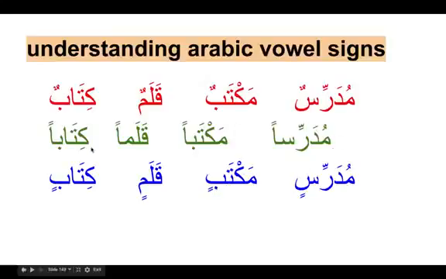But for mudarrisan, the double fatha is always written on an alif. This is an important writing rule which you have to remember, because if you're reading a mushaf which doesn't have vowel signs and you don't understand this, instead of mudarrisan, we'll be reading mudarrisa, which will be wrong. So just remember that the sign of double fatha is always written on an alif.